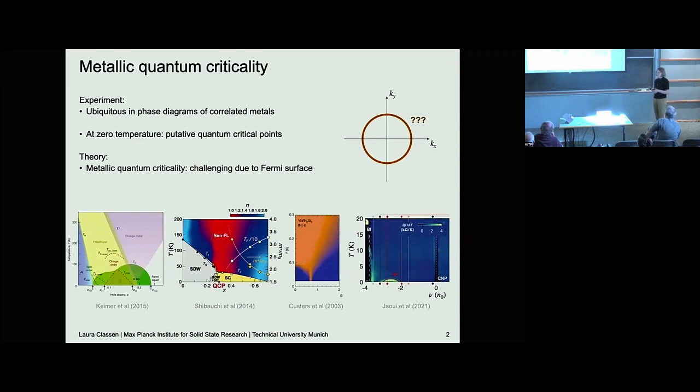Before going into details here, let me try and connect to yesterday's talk, at least roughly. As you all know, there is this ubiquitous non-Fermi-liquid regime in many of the correlated metals that we study, and this includes twisted bilayer graphene.